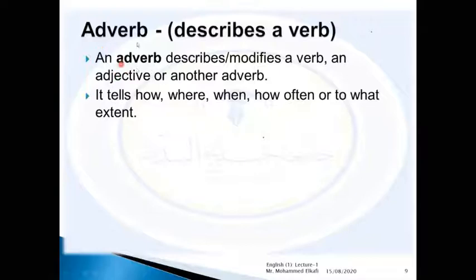So an adverb also tells us how, where, when, how often, or even to what extent.